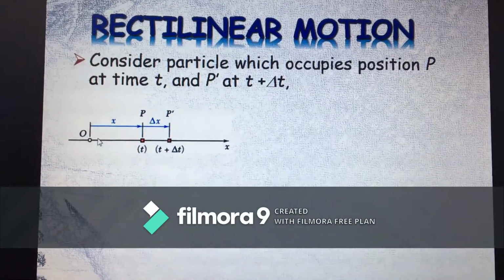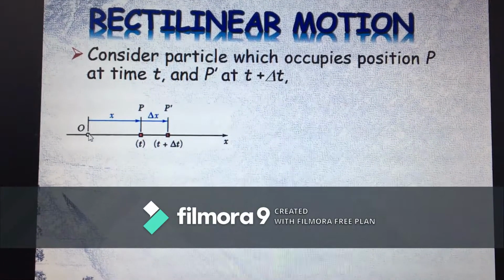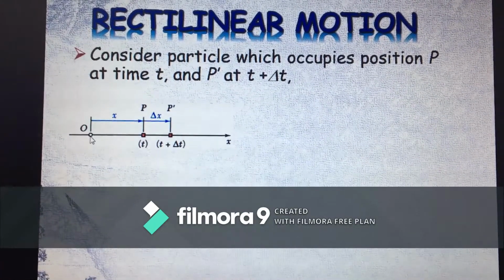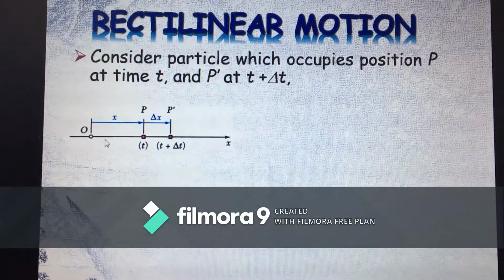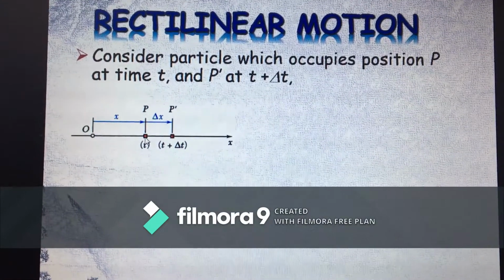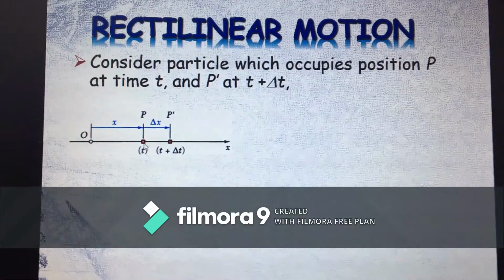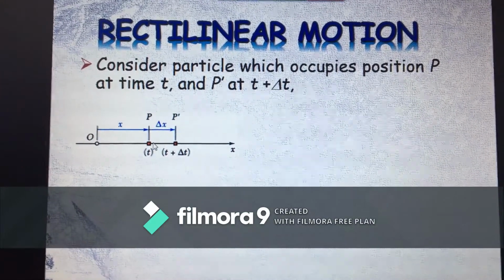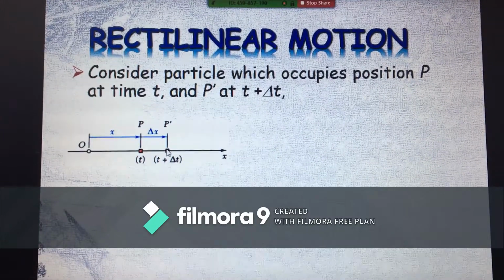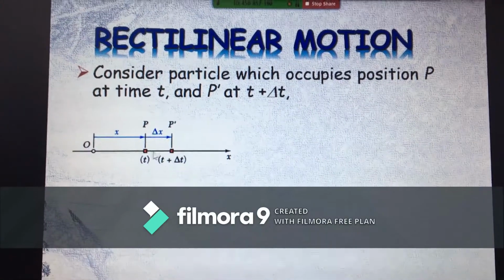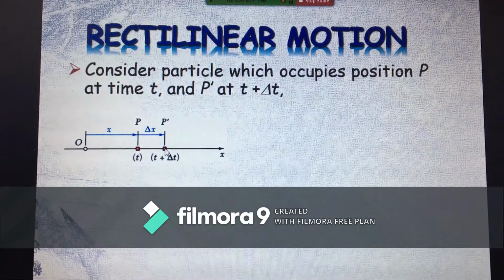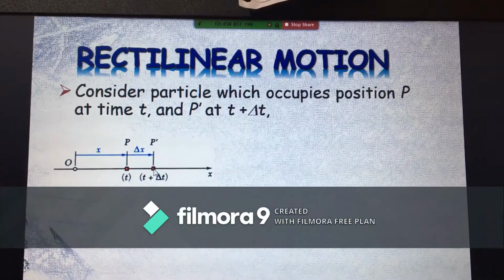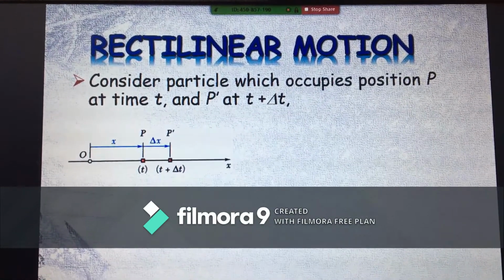The time the particle took to move from the origin, or from its initial position, to this point is equal to t. And if it moves farther by a distance delta x, there is a corresponding delta t spent by the particle to move from this point to this point. Do you have any question, class?